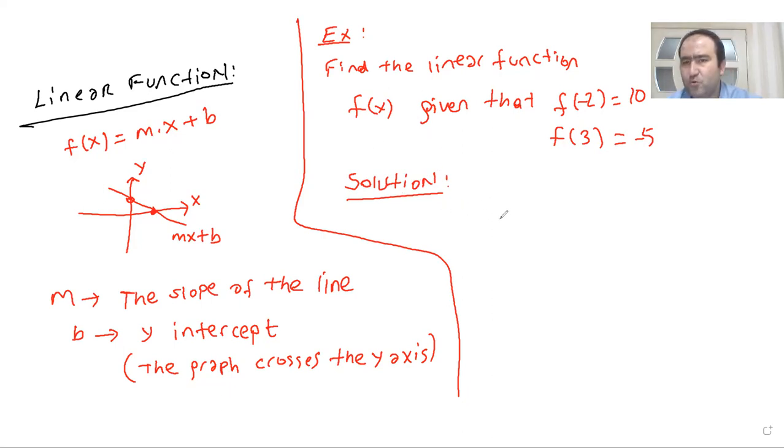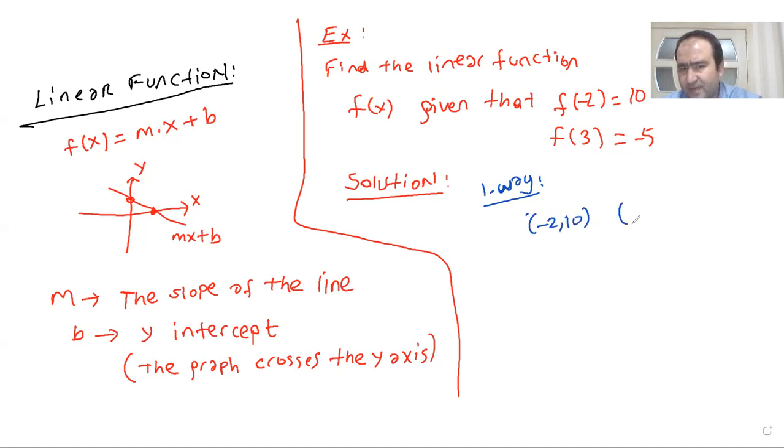We have two ways, I think: the analytic geometry way and the mathematical way. First way, in the coordinate plane, (-2, 10) and (3, -5).